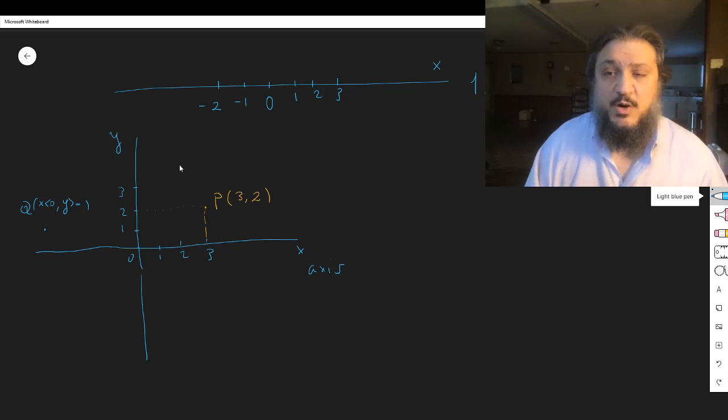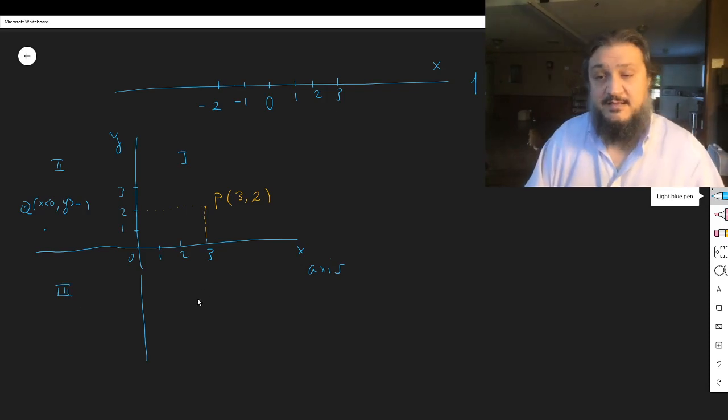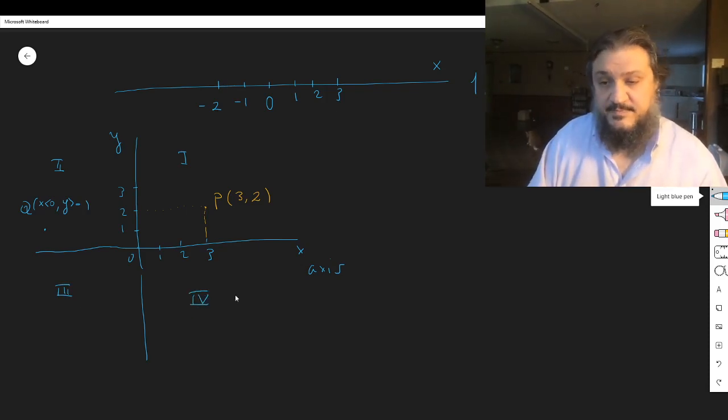We call these quadrants. The first quadrant, the second quadrant. And now we have a third quadrant here, where both x and y are negative. And then a fourth quadrant. These are called quadrants.